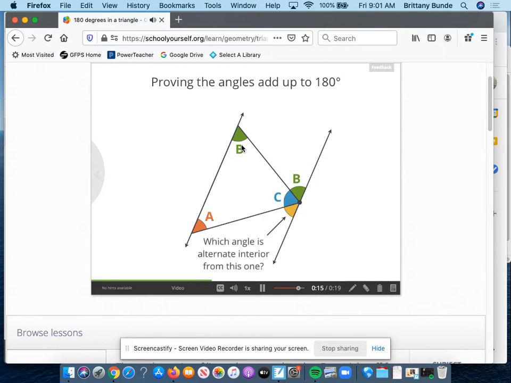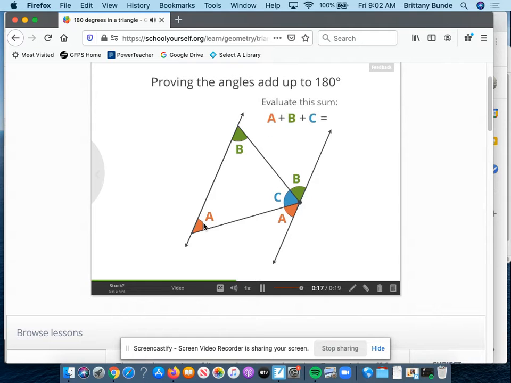Now, which angle inside the triangle is alternate interior from this one? A, yes. Right, this angle has the same measure as this one over here, because they're another pair of alternate interior angles. So this angle also has measure A. Now notice that these three angles add up to a straight angle.